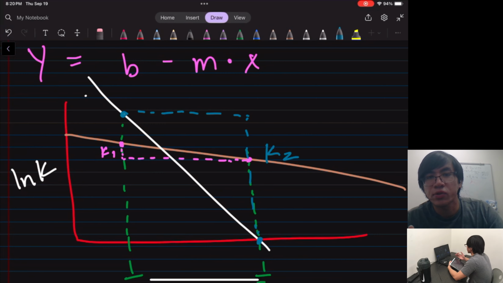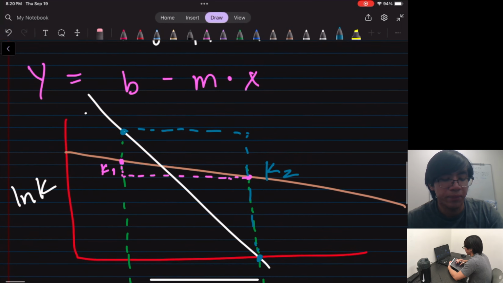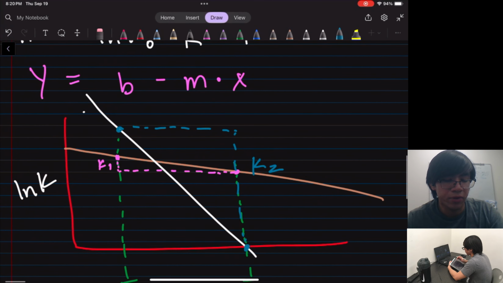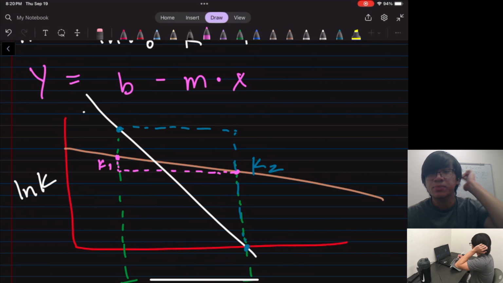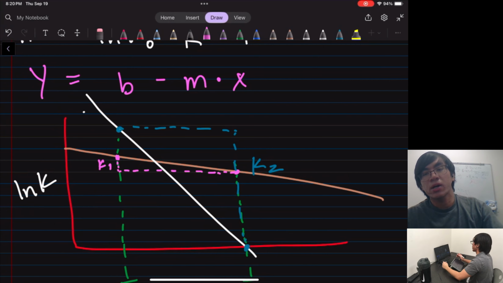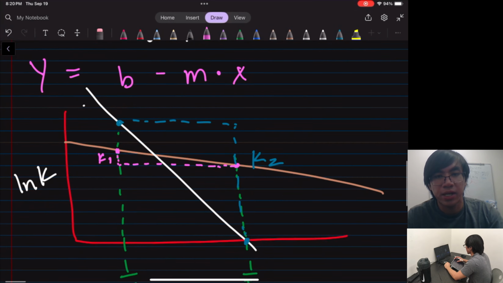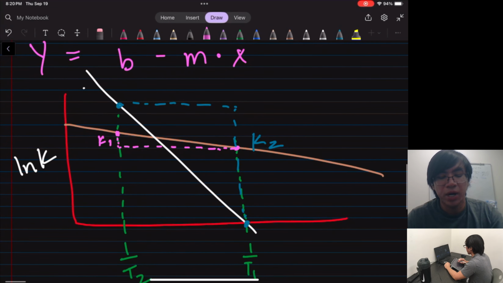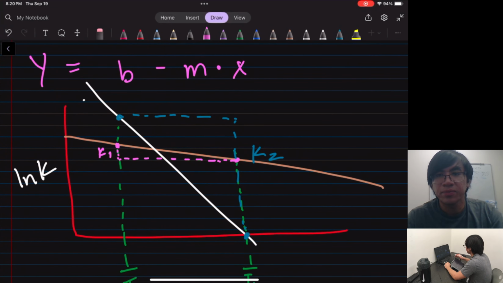So we see that K2 is greater than K1, meaning that our rate constant for the reaction, the white line here for K2, has more sensitivity, and its rate constant changes faster in the same given temperature range versus the smaller brown line, where the temperature difference didn't really affect its rate constant that much.